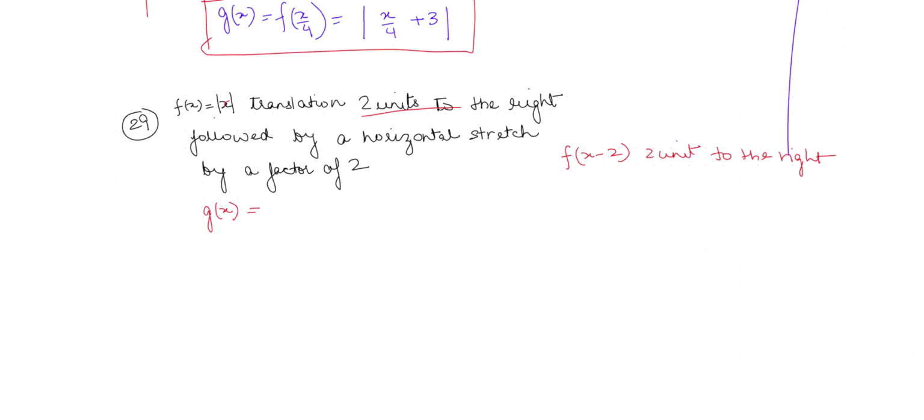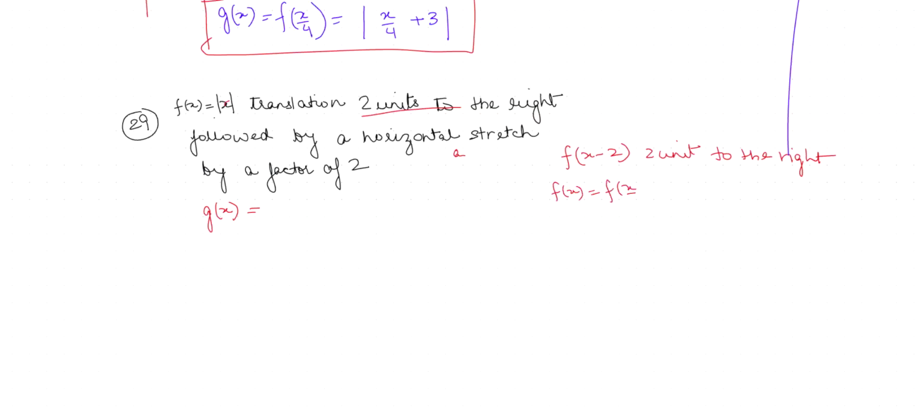So we know when it is a horizontal stretch by a factor of a, we divide it: instead of x, we put x by a. So it is a horizontal stretch by a factor of 2.